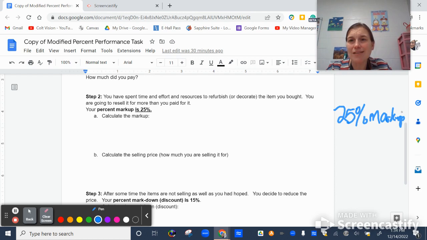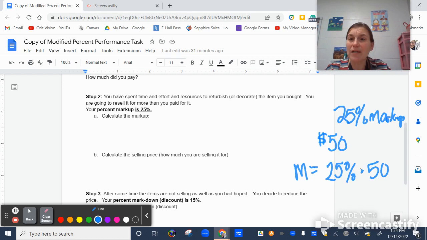And let's say the original cost of my item was $50. Then I can use that to find the markup, because the markup equals the percent markup times the original.